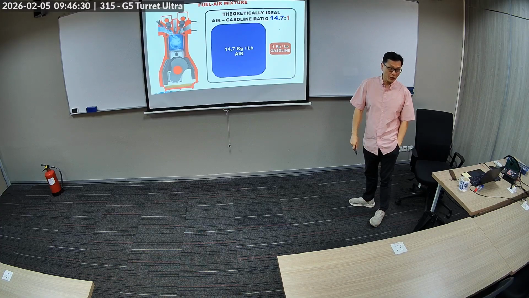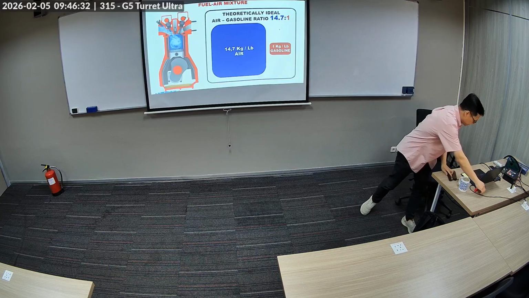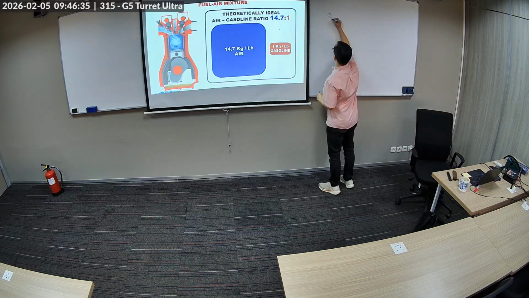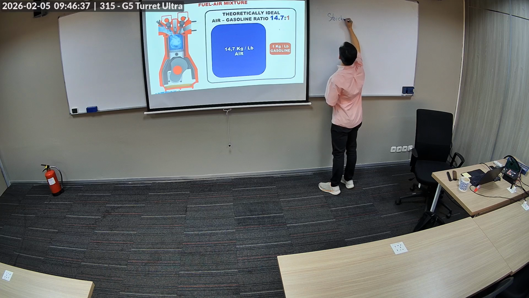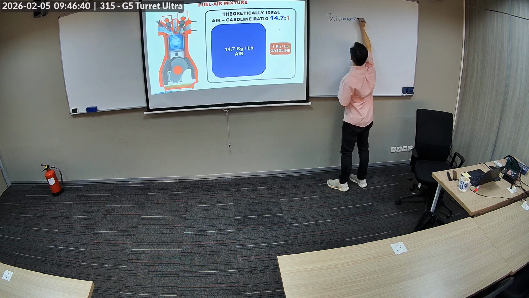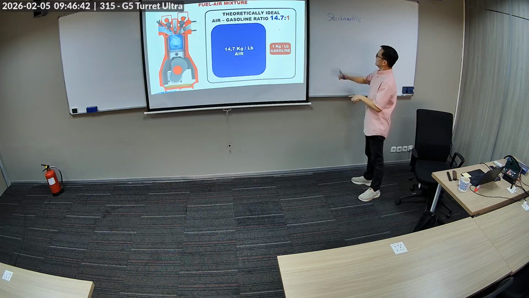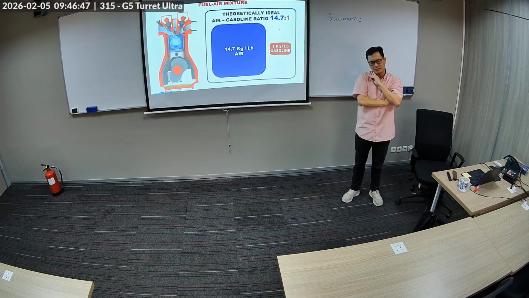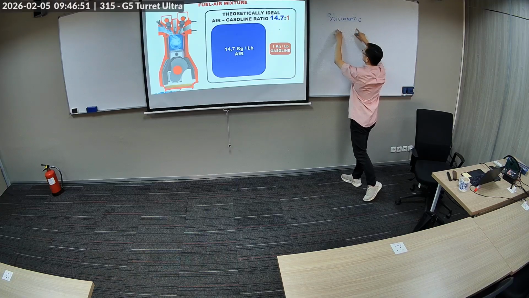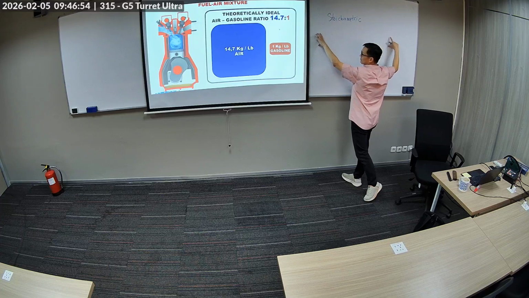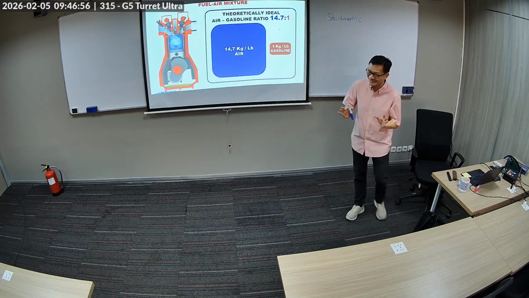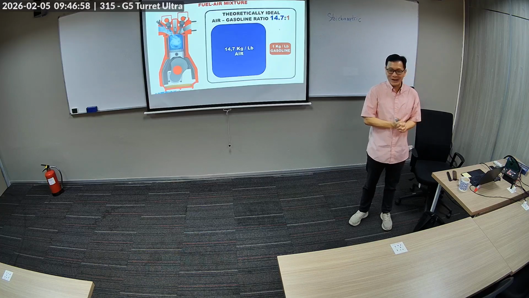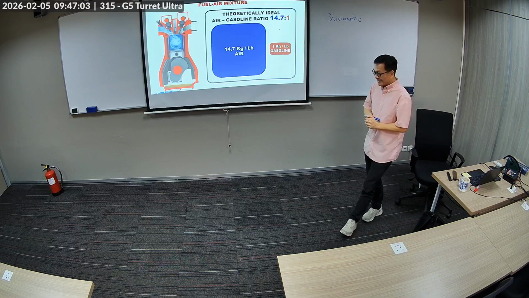Theoretical, or it's called the stoichiometric ratio. You'll sound intelligent if you can say this. It comes from the word stoic, which I think means neutral. So it's balanced. The stoichiometric ratio comes from the combustion equation. I don't remember that. I dropped out from chemical engineering and switched to mechanical.